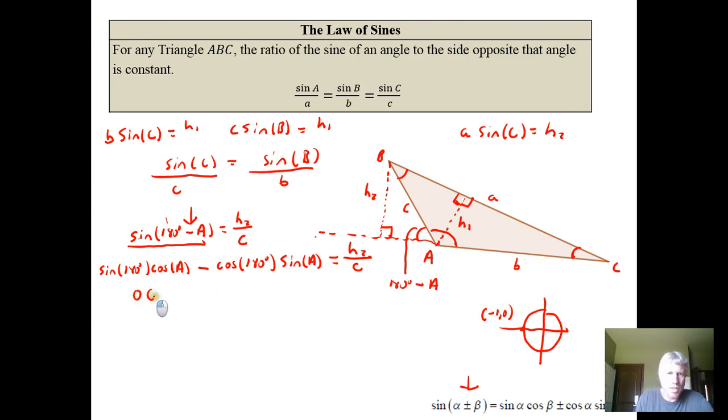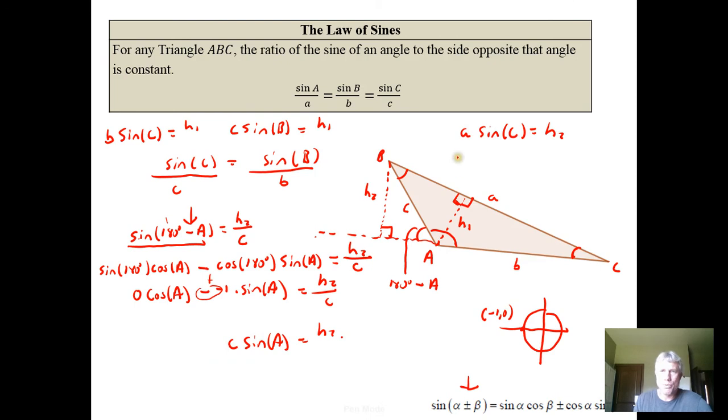So we get 0 times cosine of A minus the cosine of 180, which is -1, times the sine of A. And this has to equal the ratio H2 over C. So we get 0, and double negation is a plus. 0 plus 1 times sine A is just sine A equals H2 over C. We multiply both sides by C, and we get C sine A equals H2. And A sine C equals H2.